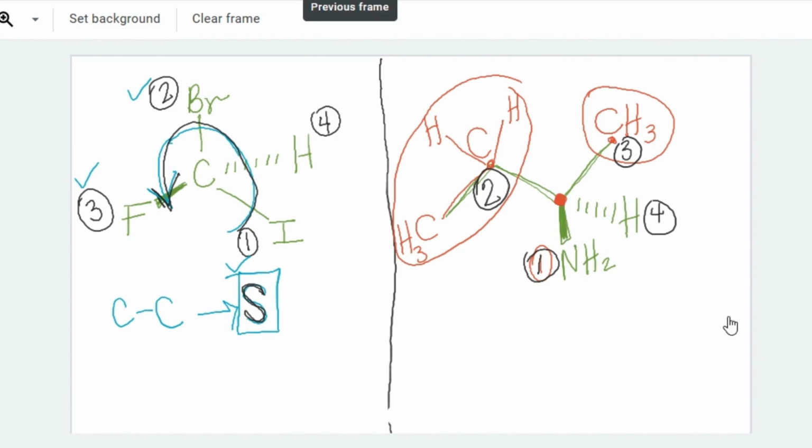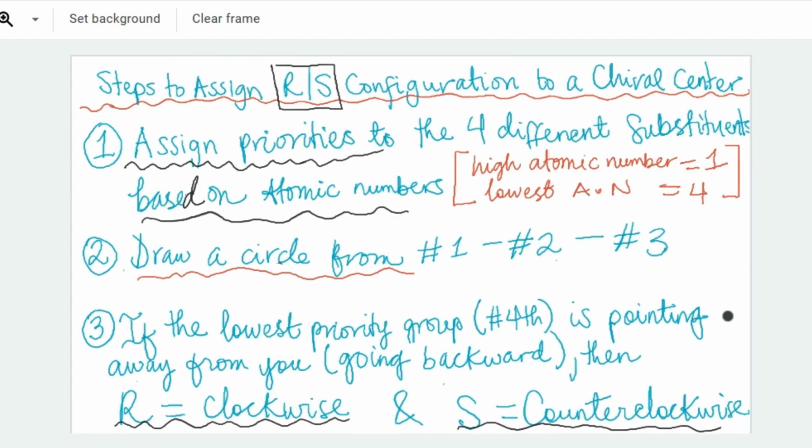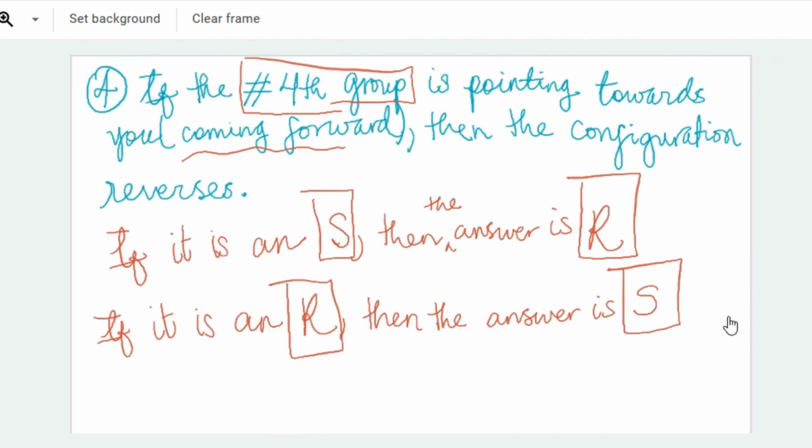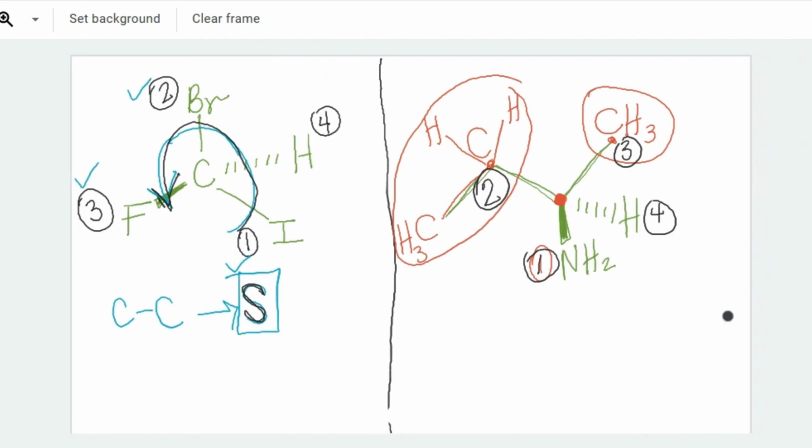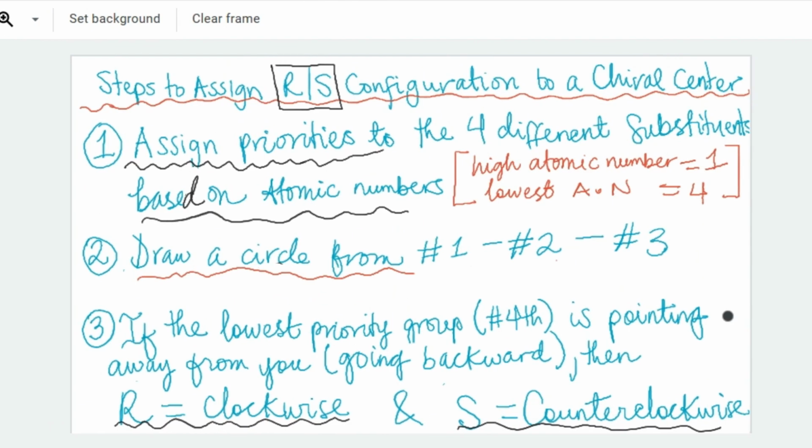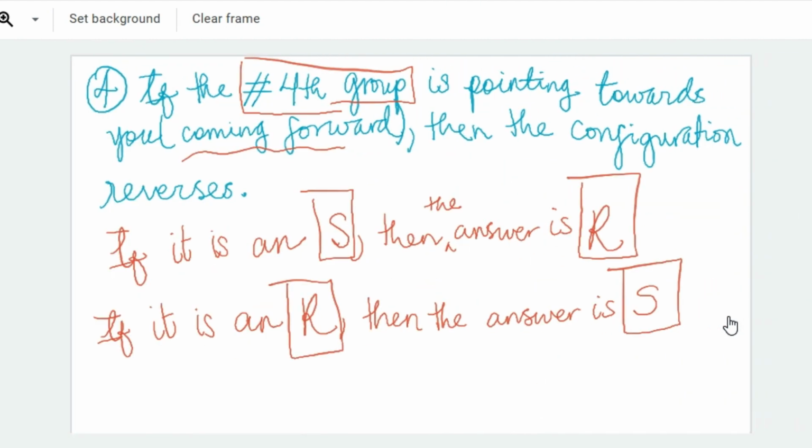So the next thing that we were taught is that we have to draw a circle going 1, 2, 3, right? So we start from here, 2, and then 3. Then the third step is we have to check if the lowest priority group, the fourth group, is pointing away from you, going into the page, going backwards, then R is clockwise, and S is counterclockwise.